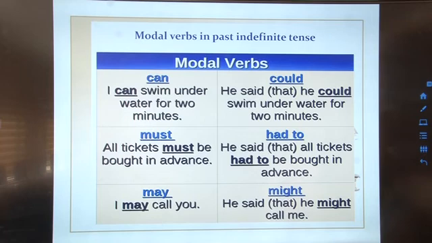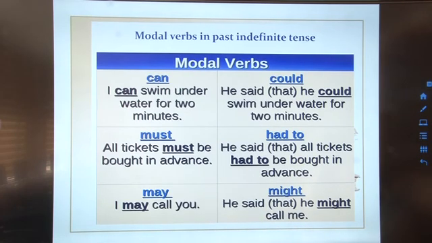The modal verb must changes into had to for the past indefinite tense. For example, he said all tickets had to be bought in advance, but we change it to had to because must doesn't have any past tense form.